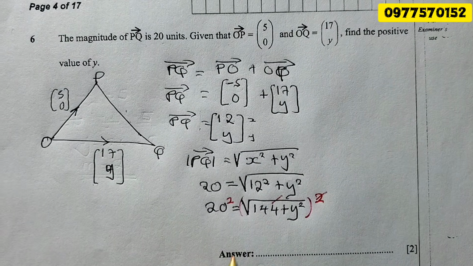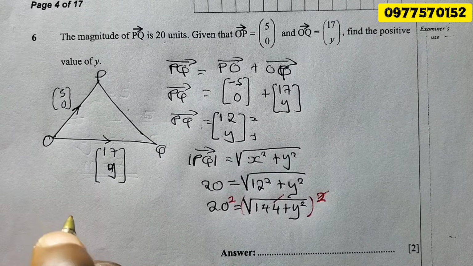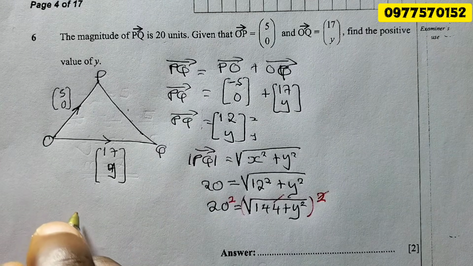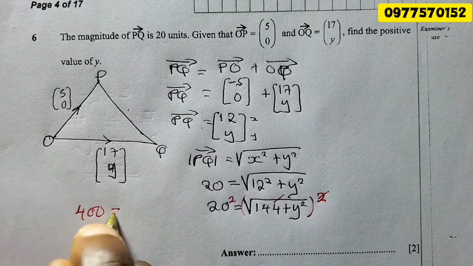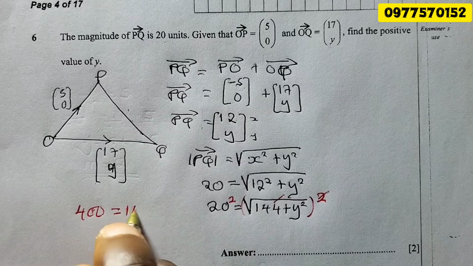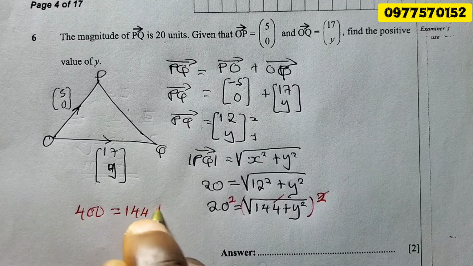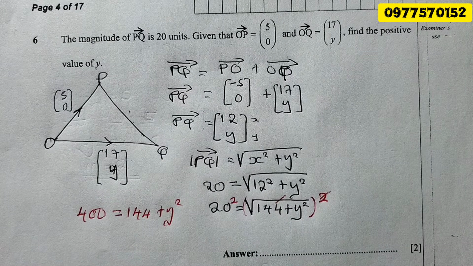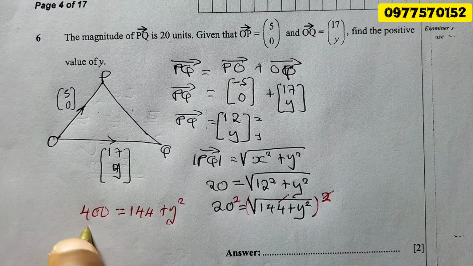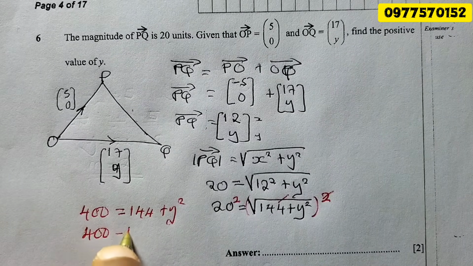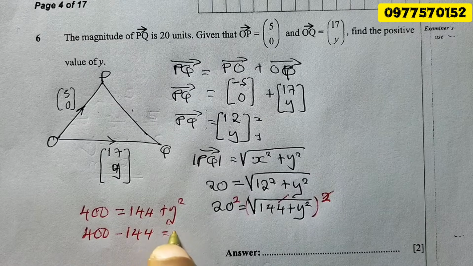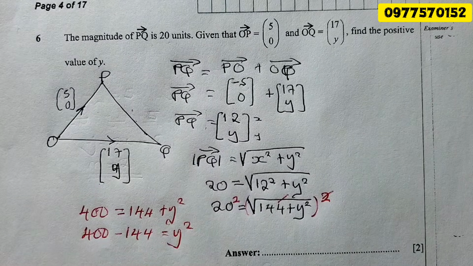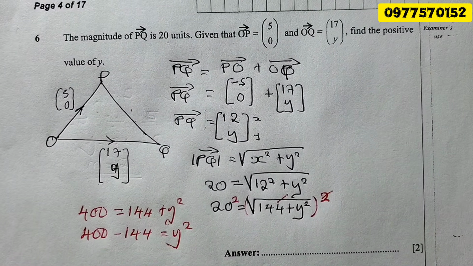Then 20 squared is 400, and we are remaining with 144 plus y squared. Then we can solve for y. So we can say 400 minus 144 is equal to y squared. Are we following?